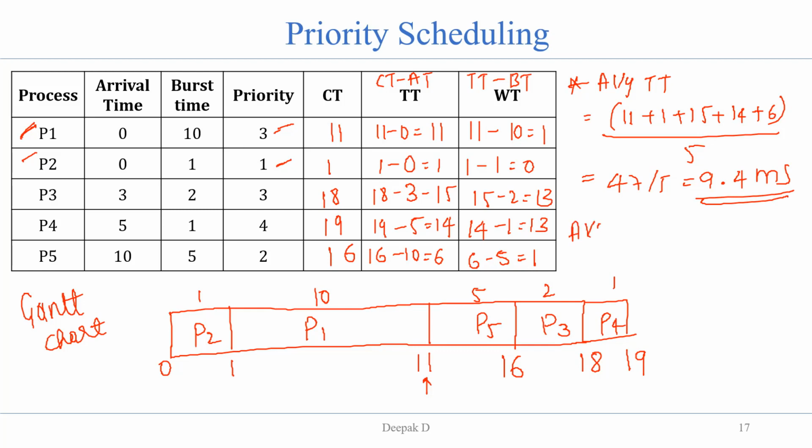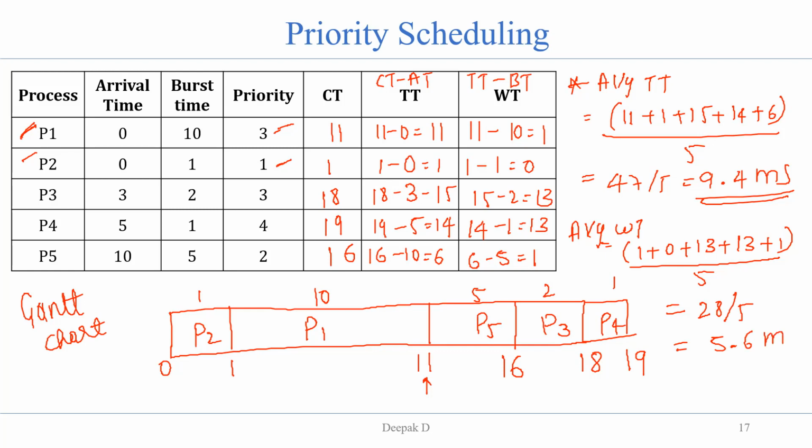Now average waiting time, which is given as 1 plus 0 plus 13 plus 13 plus 1 divided by 5, and the value is 28 divided by 5, that is 5.6 milliseconds. So this is the method to calculate the average waiting time and turnaround time using the non-preemptive scheduling method.